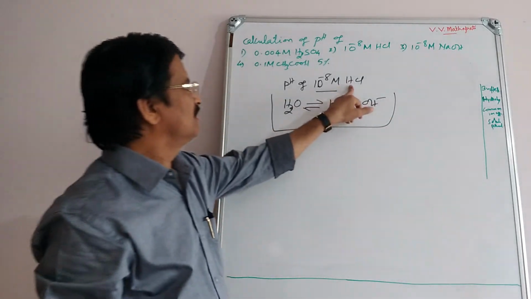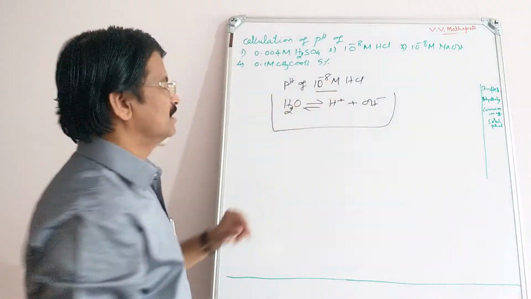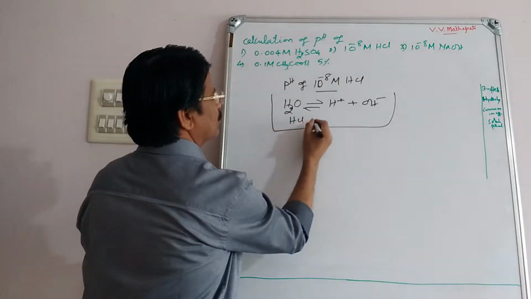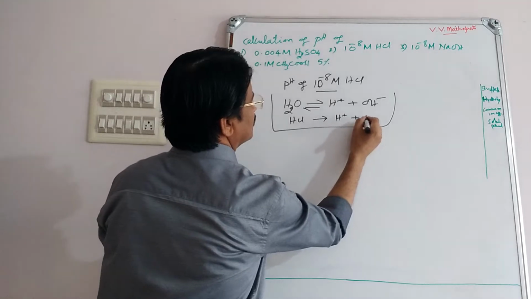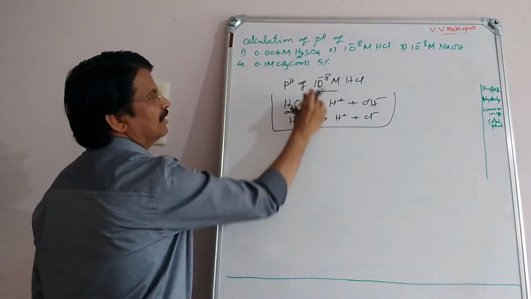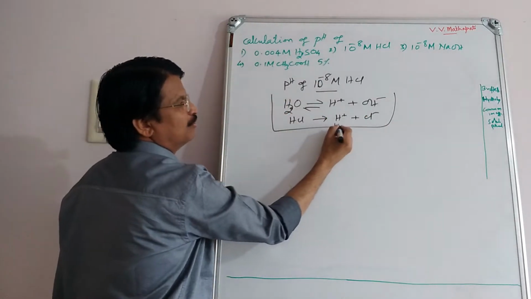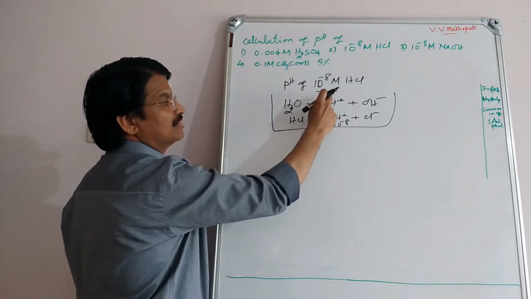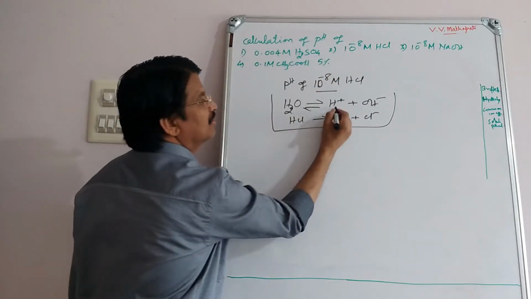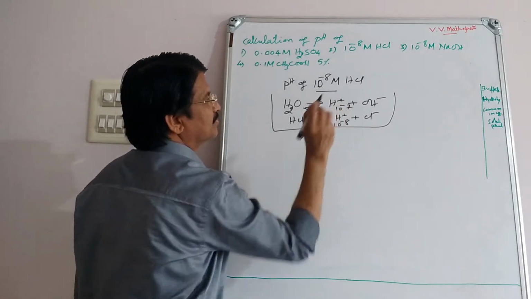When you add HCl, whose concentration is 10 raised to minus 8, HCl is also in the form of H plus and Cl minus ions, and the added H plus value is 10 raised to minus 8, while the concentration of H plus in water is 10 raised to minus 7.